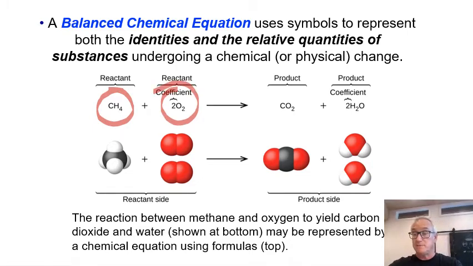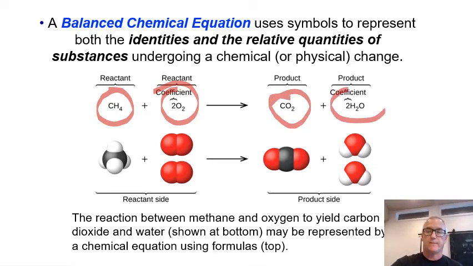That's all combustion means. And when you burn a hydrocarbon, and this is a hydrocarbon, why do we call CH4 a hydrocarbon? Well, it's only got hydrogen and carbon: hydrocarbon. When you burn a hydrocarbon, you get 2 products. You get carbon dioxide and you get water.